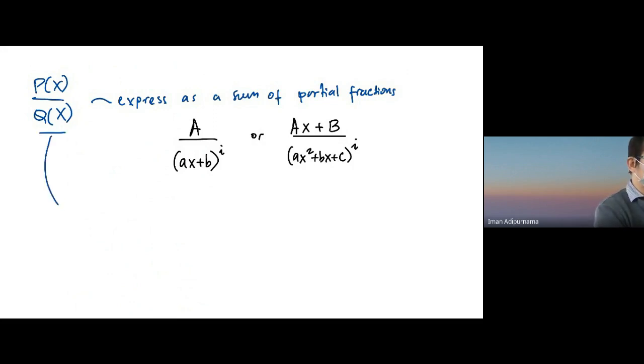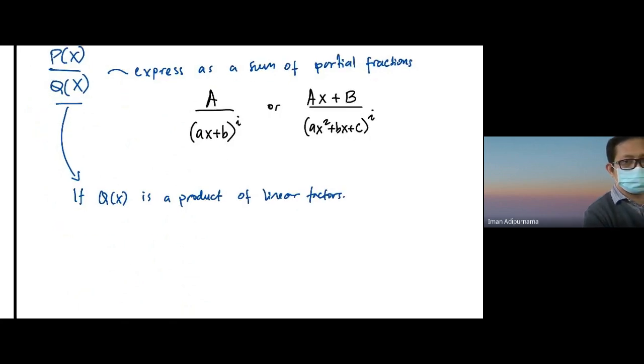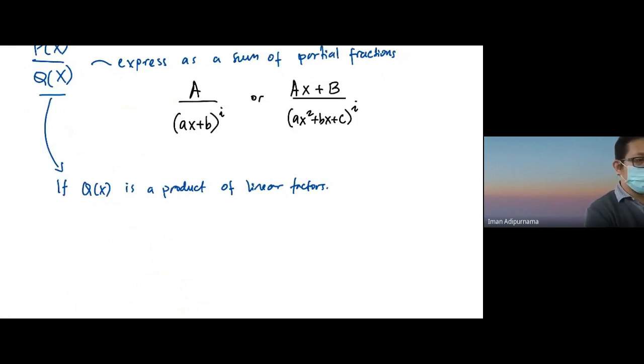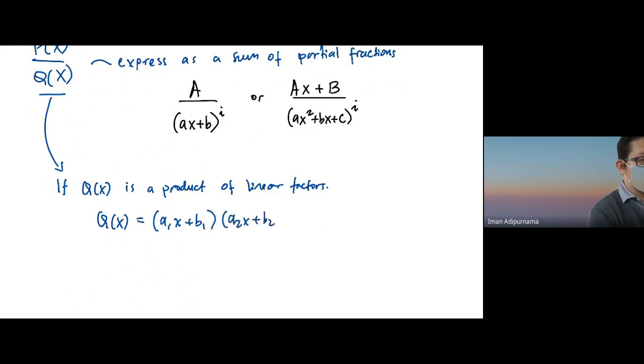Okay, so if Q is a product of linear factors, let's say Q of x becomes a1x plus b1, and then a2x plus b2, until some k. Let's say that is our case.